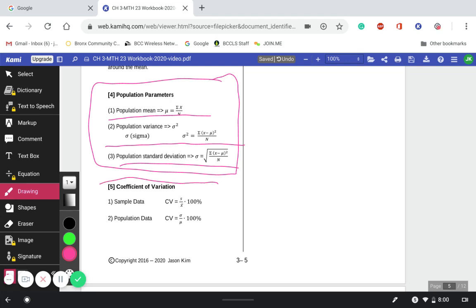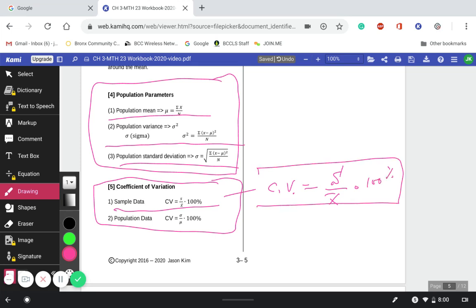Now, the next topic is the formula representation of the coefficient of variance. Sometimes you want to find out the coefficient of variance in percent. So in sample data, the coefficient of variance is always s divided by x bar times 100%. So what does that mean? That means you have to get the standard deviation first, and then you divide that by the mean value.